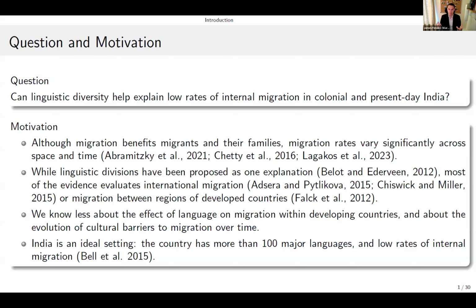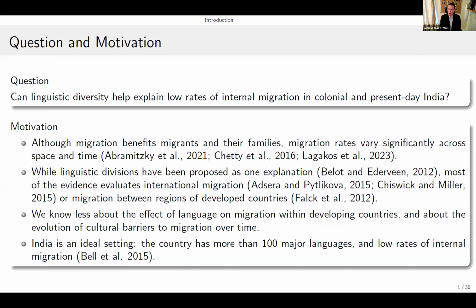It's also the case that language as a potential barrier could be substitutable to or complementary to other barriers that change over time with economic development: transportation systems, education, that sort of thing. And so there's very little evidence out there on how language has evolved over time as a barrier to migration, particularly over the very long run.